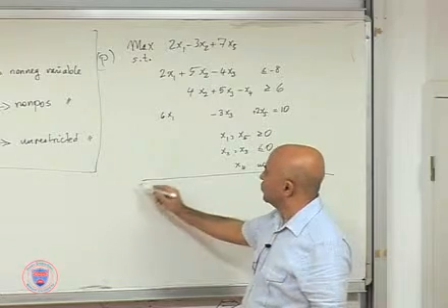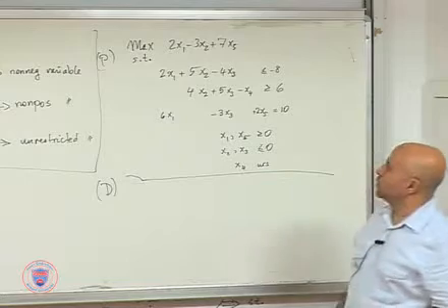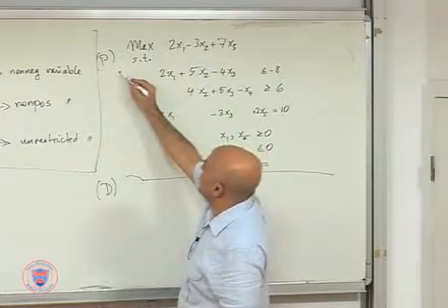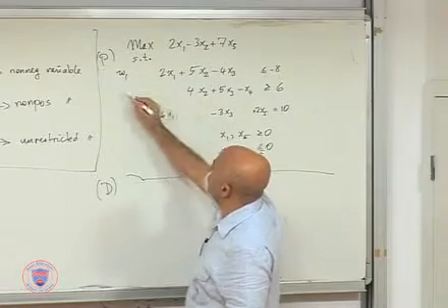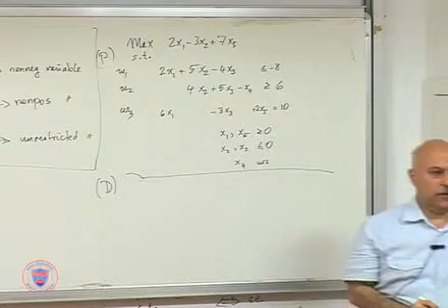Now let's write down the dual of this. For the dual, you associate a variable with each of the constraints. So let's associate W1 for the first row, W2 and W3 for the remaining rows.